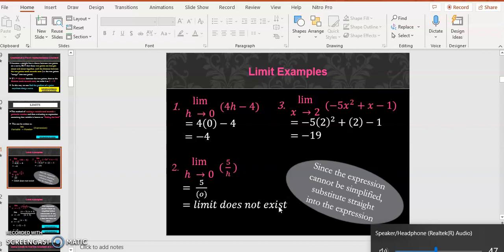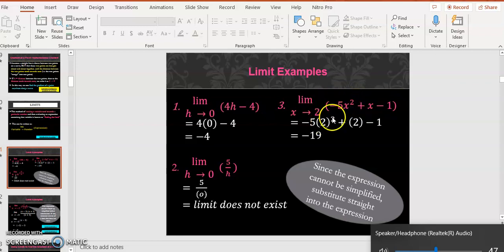Now the next one is going to be the limit as x approaches 2. You see that this time it is x. So it means the function has a variable x. So the limit as x approaches 2, we are supposed to find this function minus 5x squared plus x minus 1.